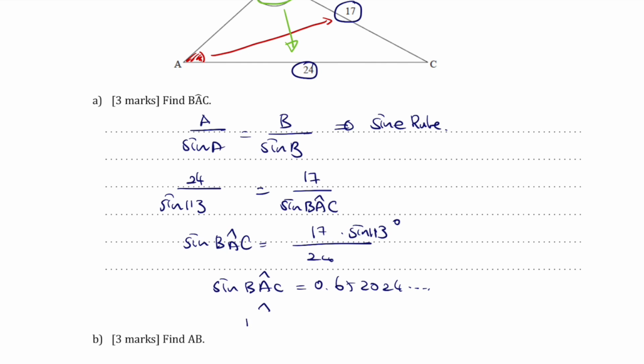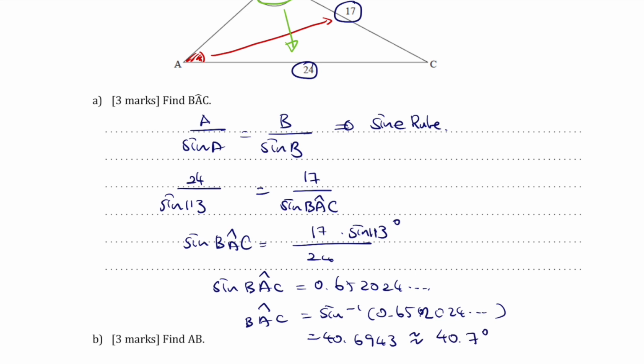Then we get angle BAC equals to, so we need to do inverse sine, and make sure you use all the numbers from the previous calculation. Then we get about 40.6943. And since we need to leave our answers in specific, our answer is approximately equal to 40.7 degrees.